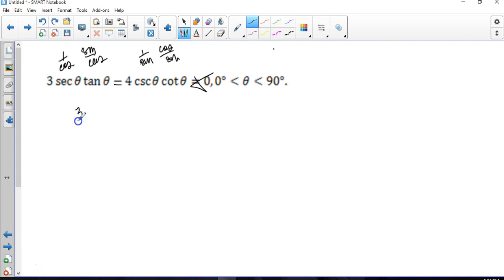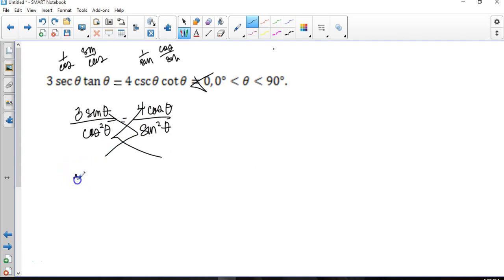So this becomes 3 sine over cos squared. And this is equal to, oh, I lost my 4, 4 cos over sine squared. And then it would cross multiply. So you got 3 sine cubed equal to 4 cosine cubed.